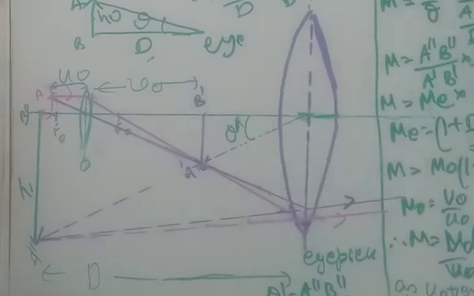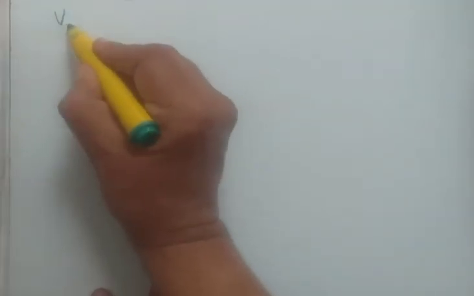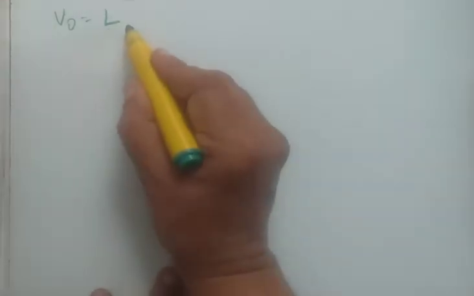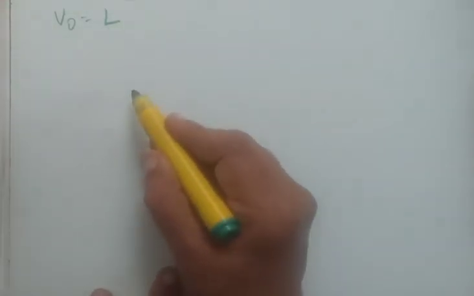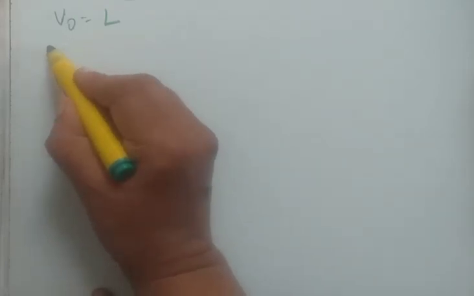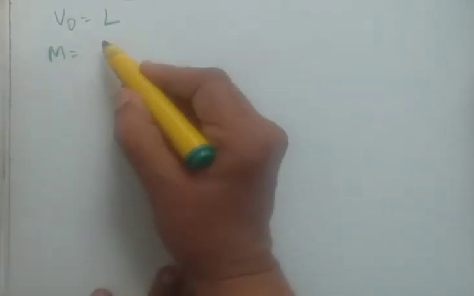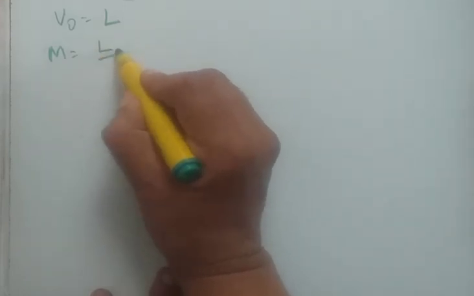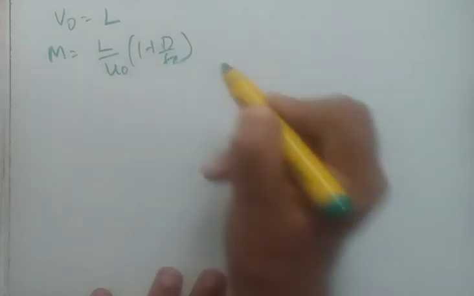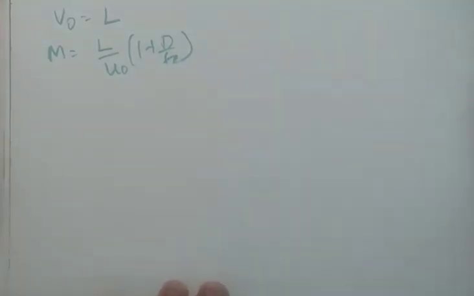And VO we can take as the length of the tube, that is, the length from objective to eyepiece. So if we substitute that, we get the magnifying power as L by UO into 1 plus D by Fe.